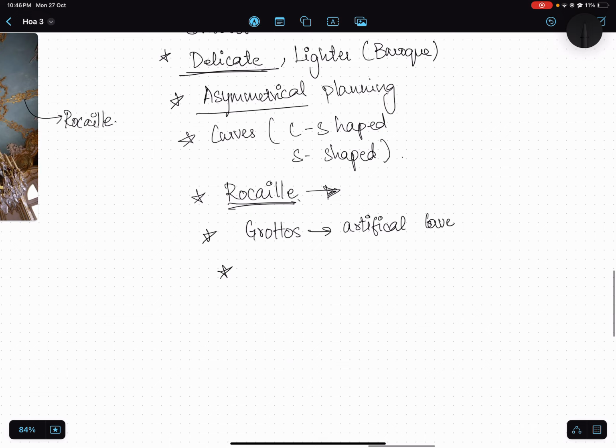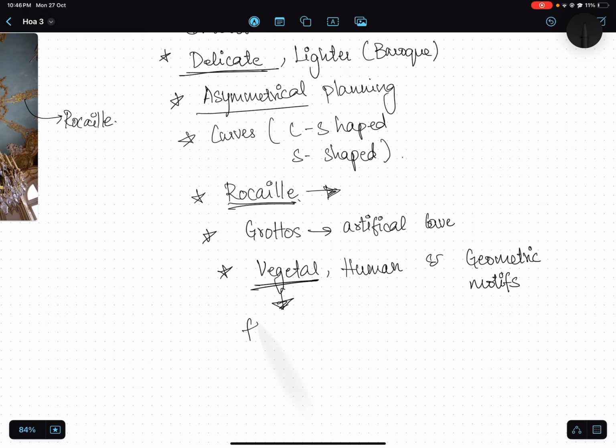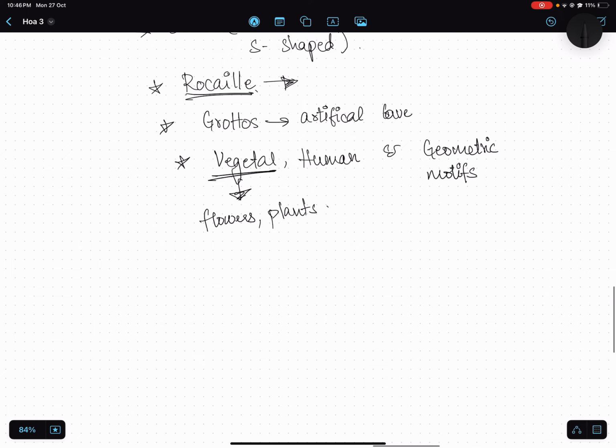And they used a lot of vegetal, human, and geometric motifs. Vegetal is nothing but inspirations taken from flowers, plants, etc. And they used a lot of pastel color palette. So this is about Rococo.